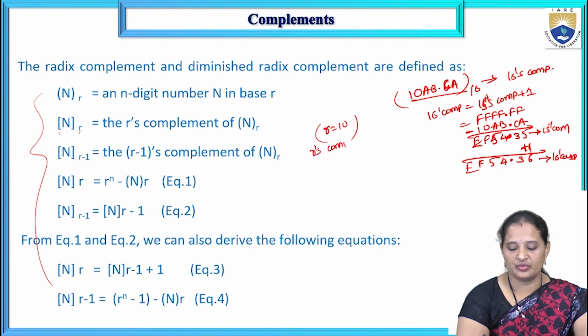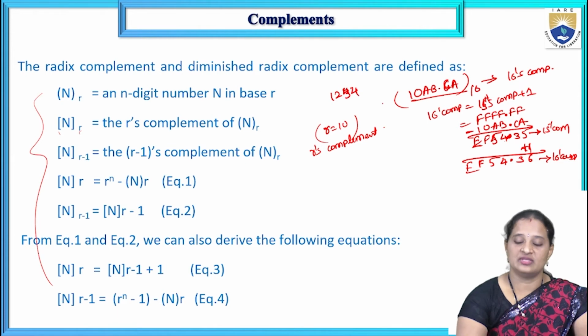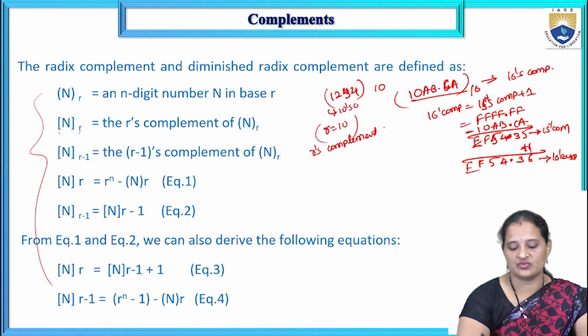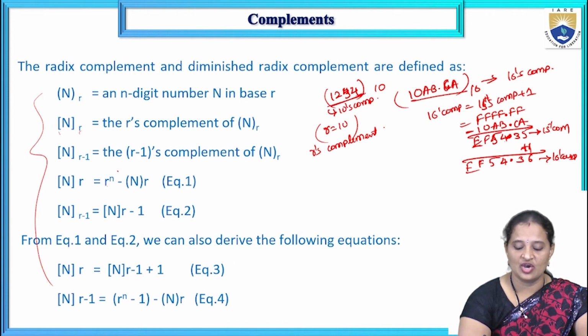So what do we need to do? The R's complement can be found simply by subtracting. For example, let us consider 1, 2, 3, 4. This is my decimal number, and I want to find the tens complement for this one. The tens complement can be found by subtracting the number from R to the power of n. How many digits is it? It is a 4-digit number.